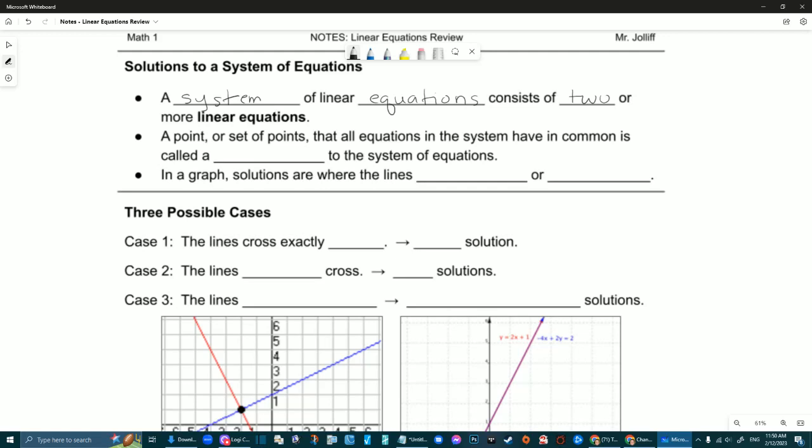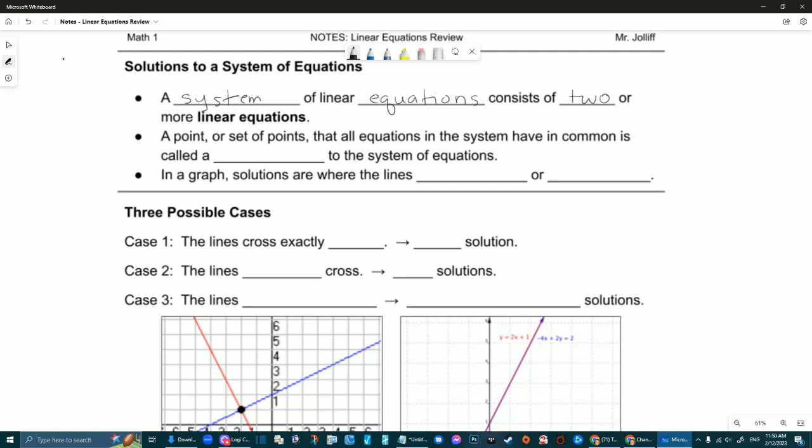In this class, we're only ever going to deal with two equations in our linear systems, but as you progress through math and your abilities in this subject grow, you'll start to be able to handle bigger and bigger systems.